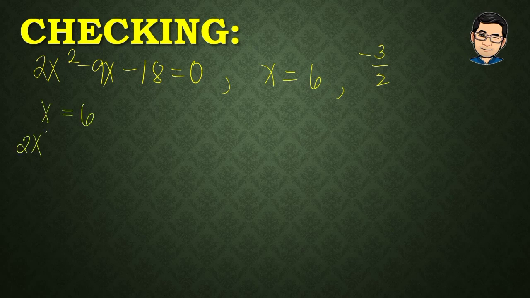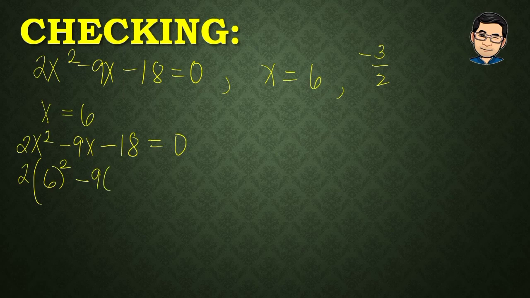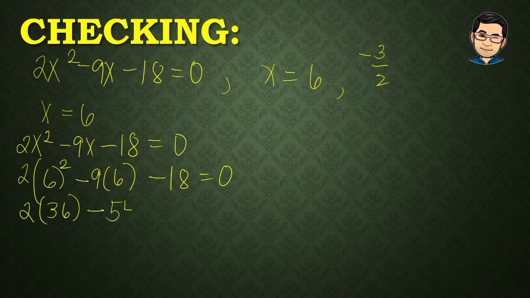2x squared minus 9x minus 18 equals 0. And then, 2 times 6 squared minus 9 times 6 minus 18 is equal to 0. So, 2 times the square of 6, that is 36, minus 9 times 6 is 54, minus 18 equals 0.